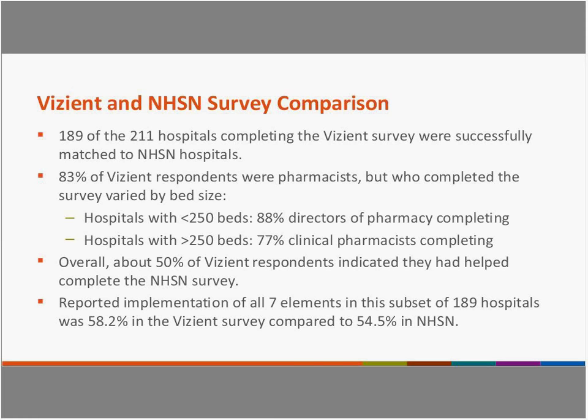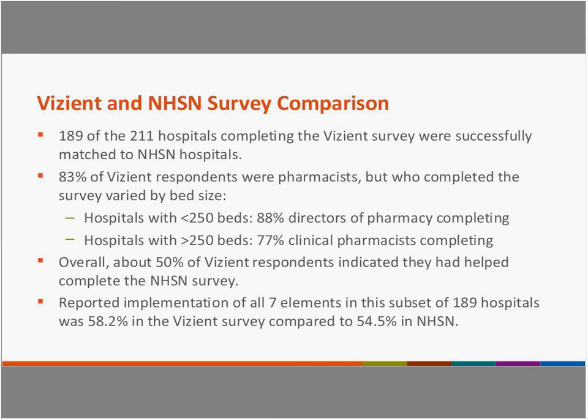About half of the respondents to the Vizient survey were asked specifically whether this stewardship lead had helped with the NHSN survey, and only about half of them indicated that they had participated in completing it. The bottom line result was, in my opinion, fairly encouraging.